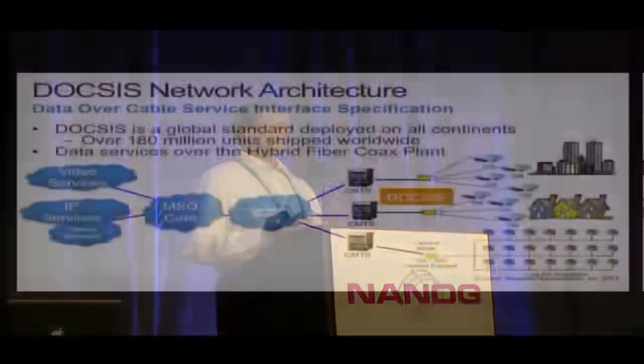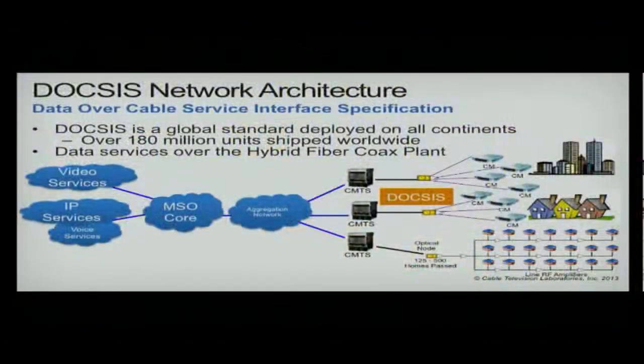So for those not familiar with DOCSIS, DOCSIS is a global standard. It's deployed across Europe, across North America, South America. There are more than 180 million CPE units shipped. DOCSIS is focused on the access network, right?